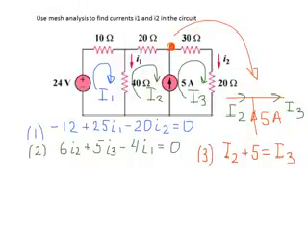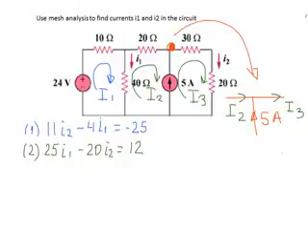And what can we do? We can substitute I3 in equation number 2 by I2 plus 5, and then we'll have two equations with only two unknowns. By replacing mesh current I3 with I2 plus 5, we created two equations with two unknowns. There are only I1 and I2 unknowns, and it is easy to solve these equations.